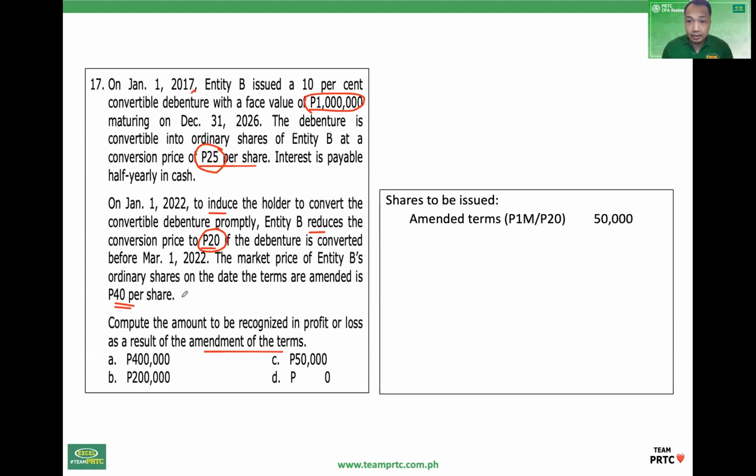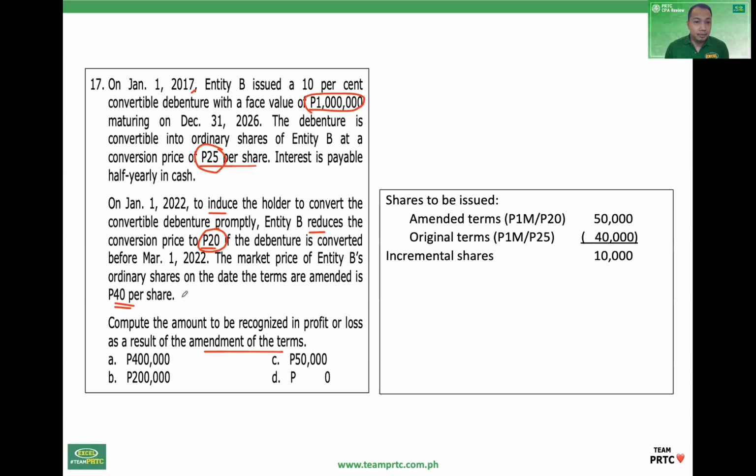Under the original, 1 million divide by 25, 40,000 lang. So merong additional or incremental shares to be issued, 10,000. Okay? So kung ikaw nga naman yung holder, kung dati 40,000 lang, ngayon 50,000 na. So you may be induced to convert.